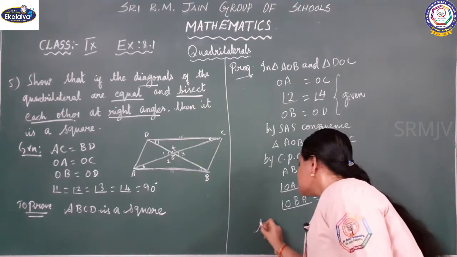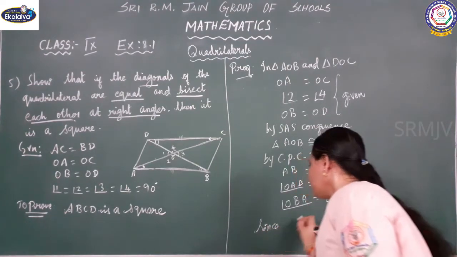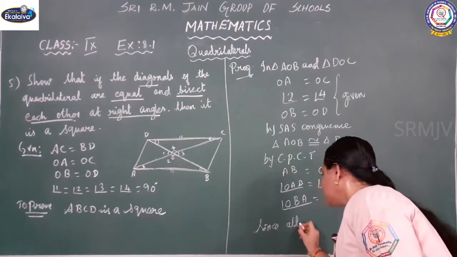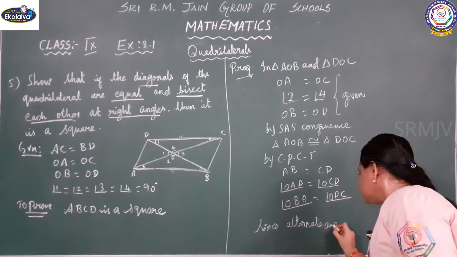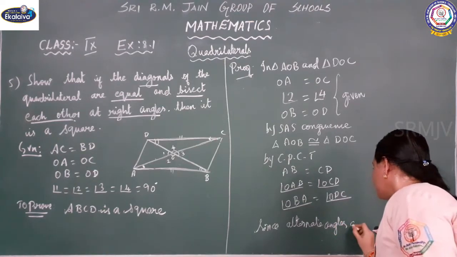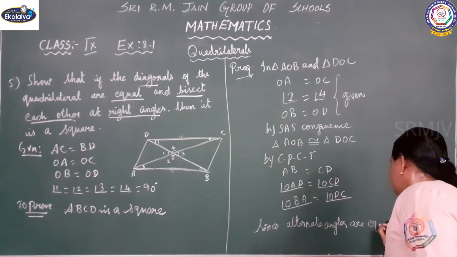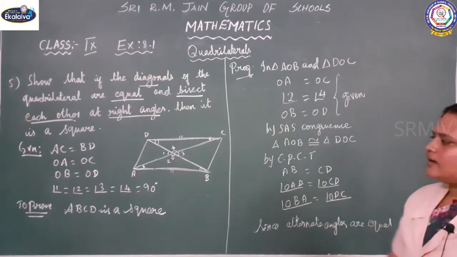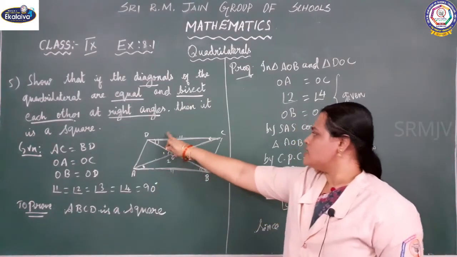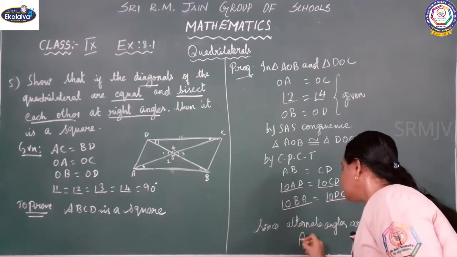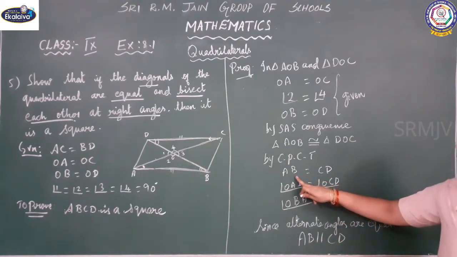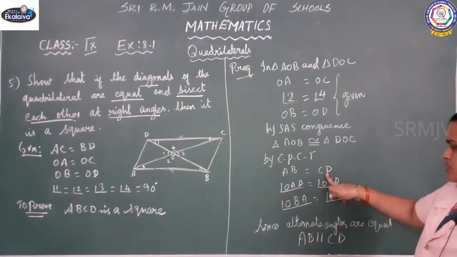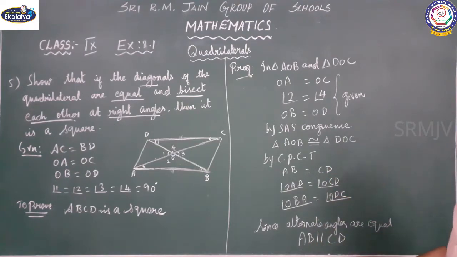So since alternate angles are equal, the lines containing the two angles, that is AB, is parallel to CD. So now listen here, by CPCT AB is equal to CD and here AB is parallel to CD.